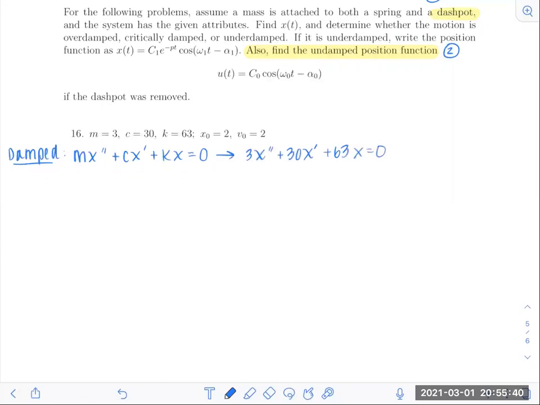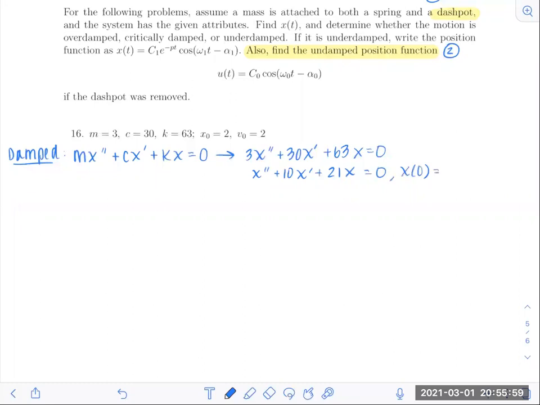And personally, I don't care for all of the threes. Let's just divide everything through by 3. We get x double prime plus 10x prime plus 21x equals 0. And then I'll just go ahead and note our initial conditions.